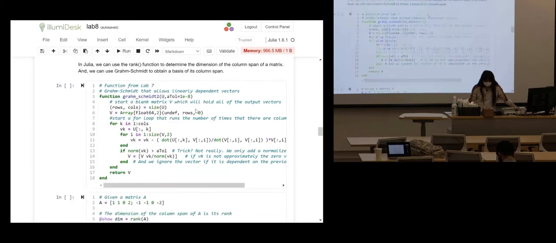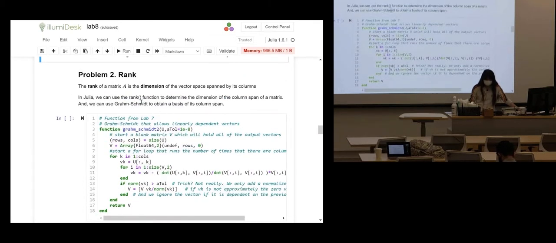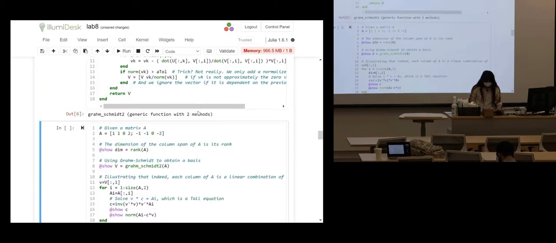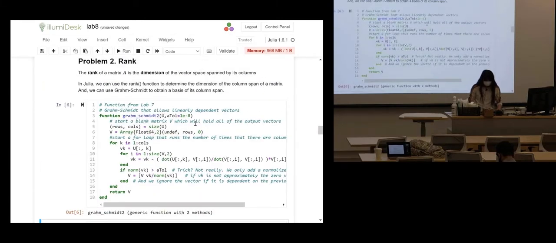We can also use the Gram-Schmidt function we learned earlier to obtain the basis of its column span. Here we give the Gram-Schmidt function from Lab 7, which I think excludes the dependent vectors.